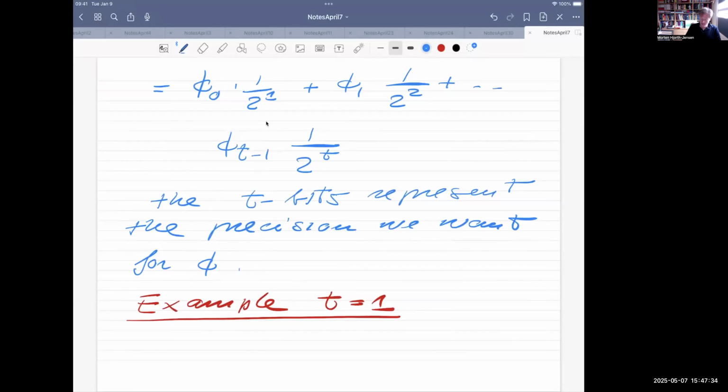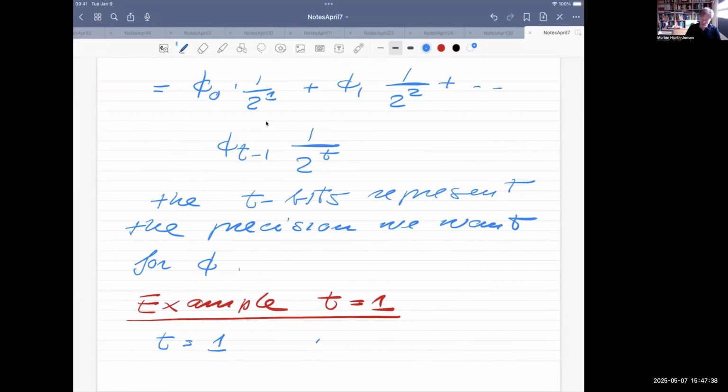So that means that with t equal to 1, this lambda is going to be represented to a given approximation as phi 0. Now phi 0 is a binary, so that takes values 0, 1.